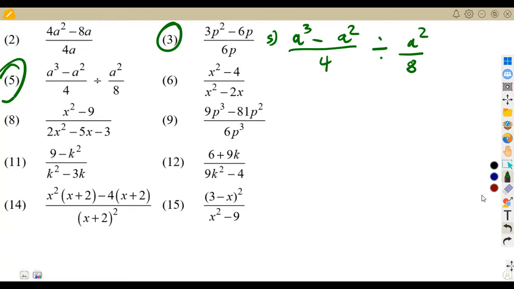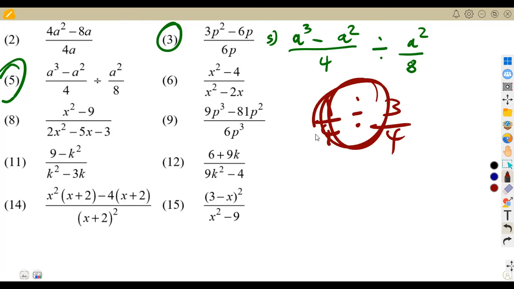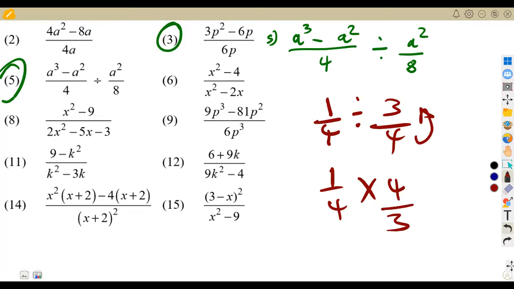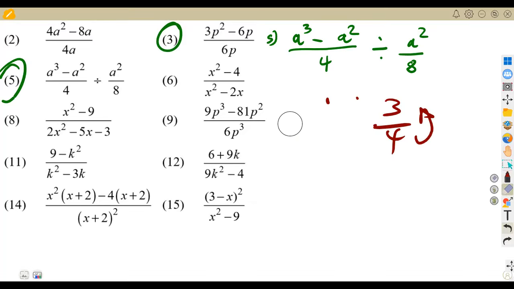How do you simplify 1 over 4 divided by 3 over 4? You remove the division by introducing multiplication and interchange the second fraction, so it becomes 4 over 3. If I can remove the division and multiply there, I can also do the same under algebraic expressions.